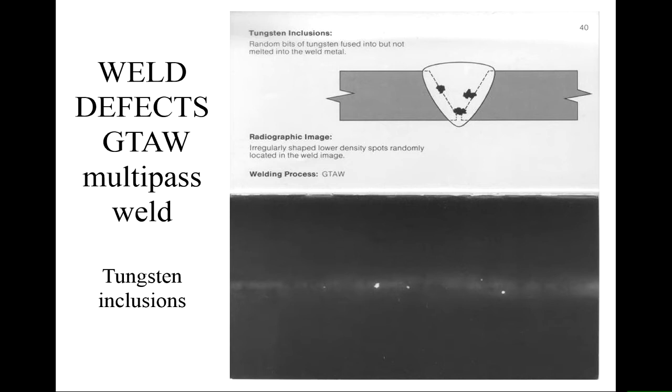Graphite is also very brittle. So it can break if during the welding it touches the weld pool, and it remains solid because tungsten has a high melting temperature. I don't remember what it is, but it's certainly higher than the temperature at which the welding is carried out. Right.